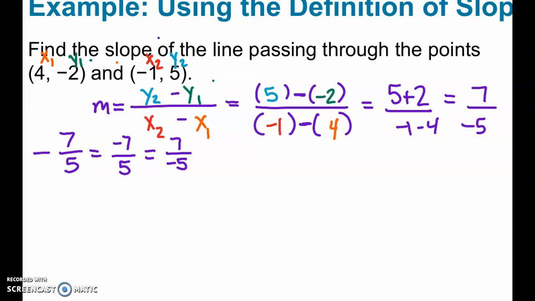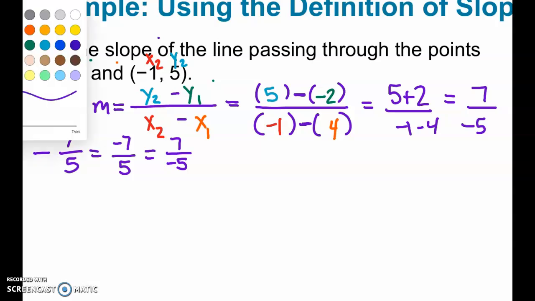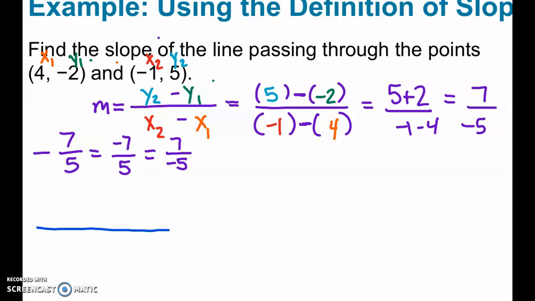They're going to work out to be a negative number. This is in fraction form. In a decimal, I would take the negative 7 and divide by 5 on the calculator. I would get negative 1.4. Typically, the MyLab Math is going to ask you to write it in fraction form, so that's where we'll leave it. So if this is the slope.